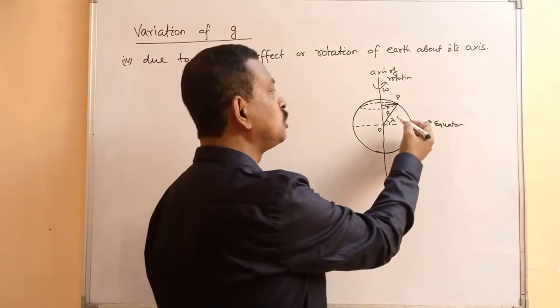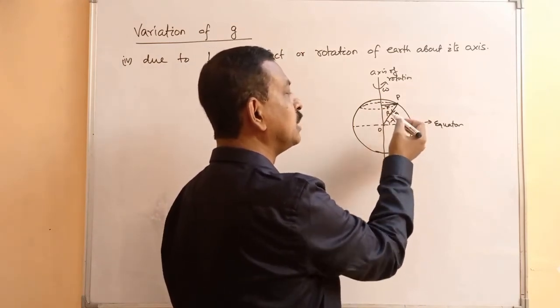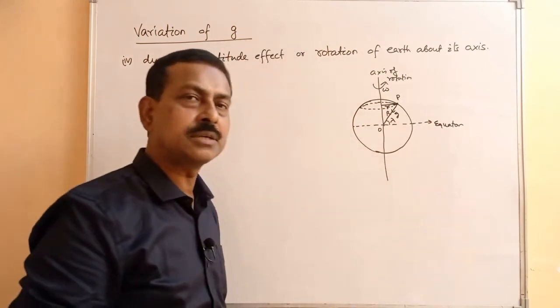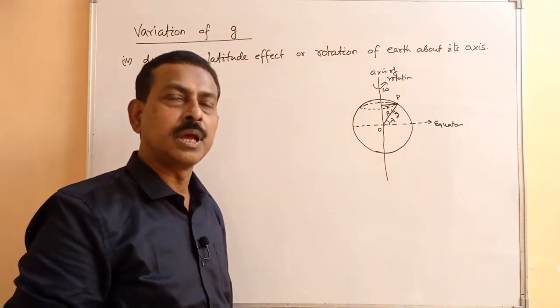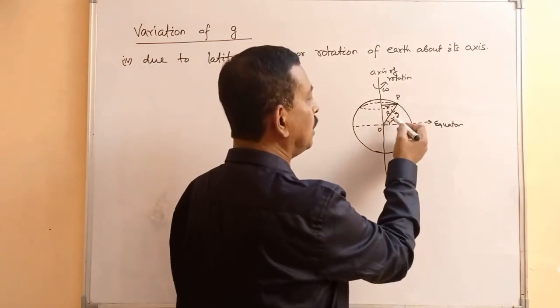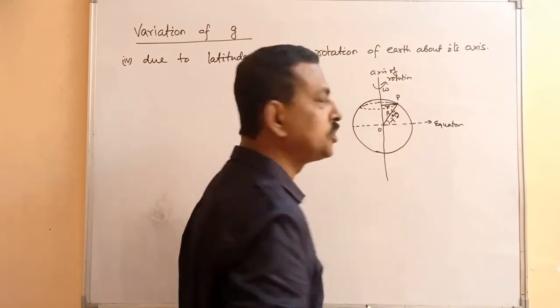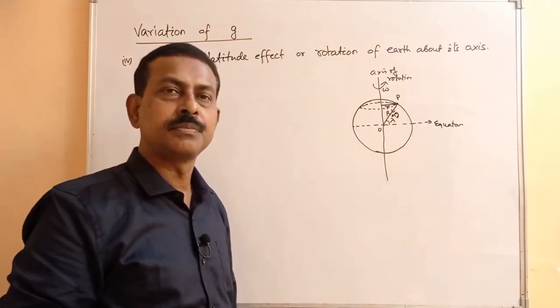So acceleration due to gravity, if I assume that it is g, will be acting directed towards the center. If I consider g as the acceleration due to gravity, in that case the weight will be m into g.